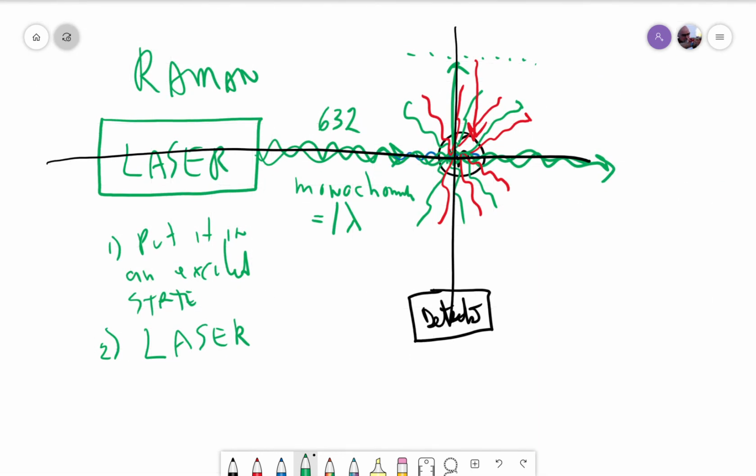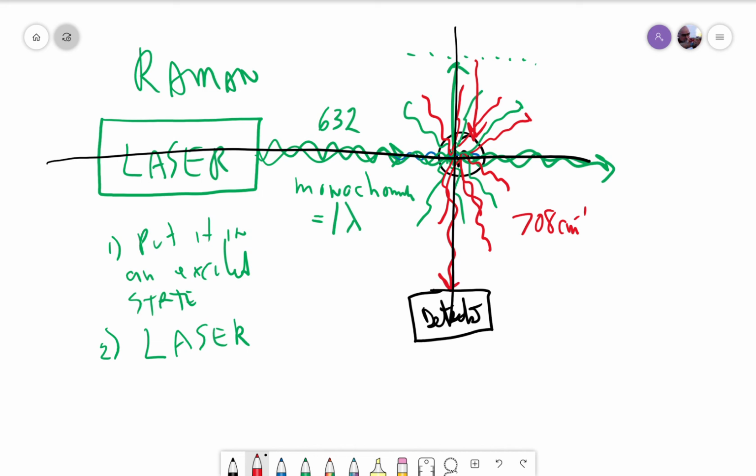Now we are talking about the emission of visible photons. In our previous example, if this is a carbonyl and we put in 632, the Stokes emission would be coming out still in the visible range as a red photon at 708.